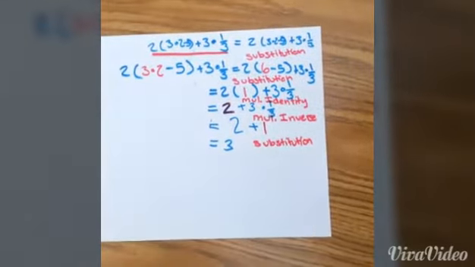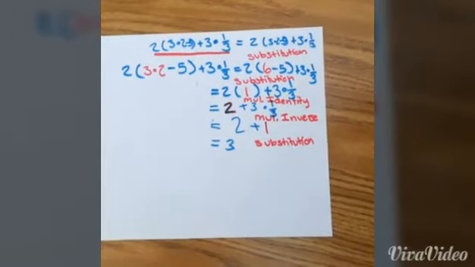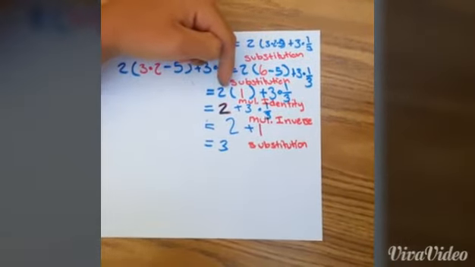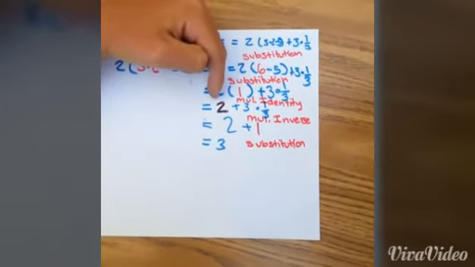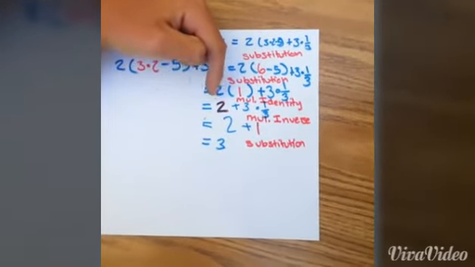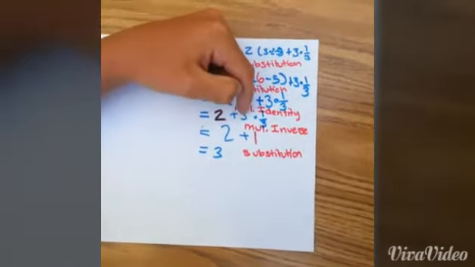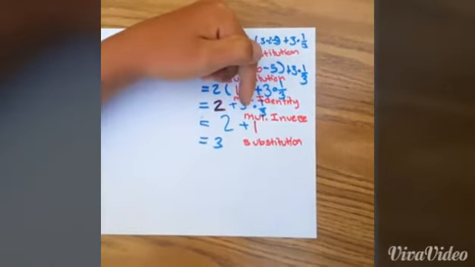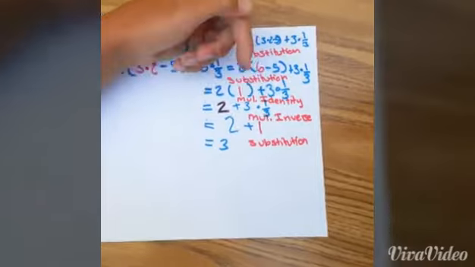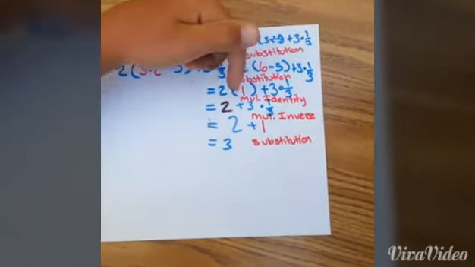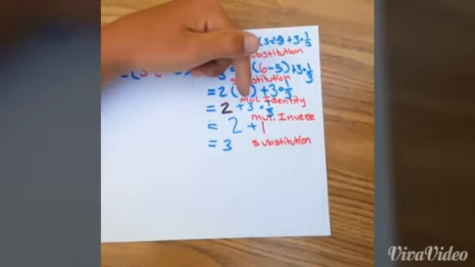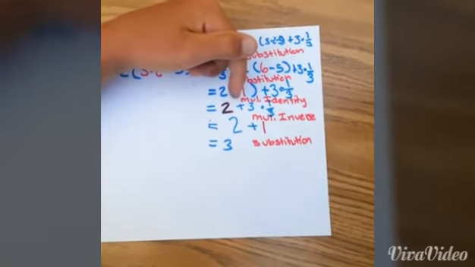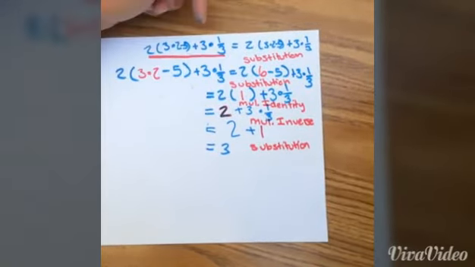The next step, the multiplicative identity, you're just multiplying 2 times 1, which gives you itself, which is 2. And then the step after that, which is 3 times 1 over 3, you do the multiplicative inverse, because 3 times the reciprocal, or the opposite of itself, you get 1. For the last step, you use substitution, because 2 plus 1 equals 3.